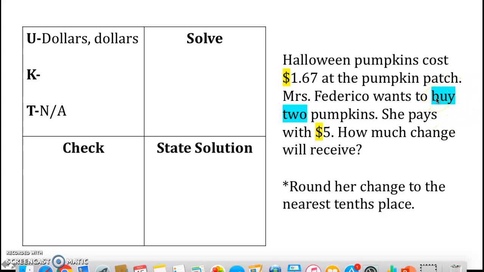However, I'm also seeing that there's 2 pumpkins. If there's 2 pumpkins, that means I need to add this amount twice in order to get the total cost that I'm going to be paying for my pumpkins. I know though with my T, I'm not going to be looking for the total, so I'm going to move on to the solve section.